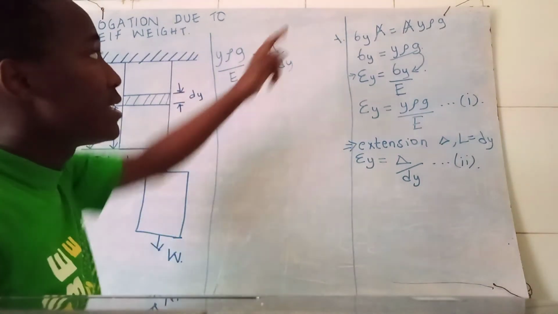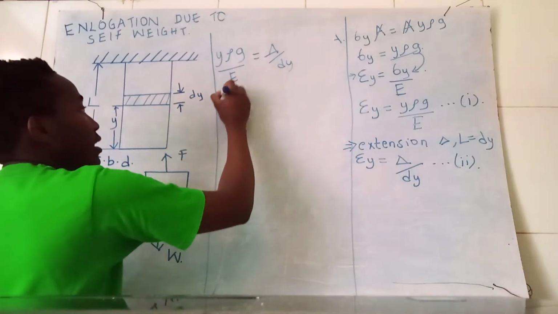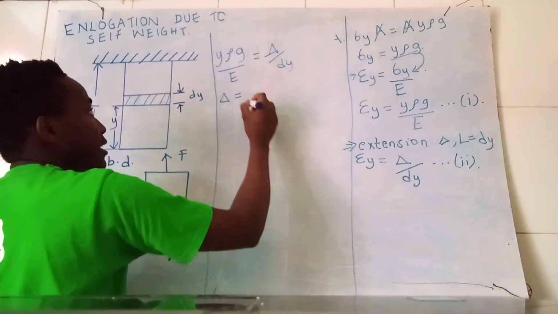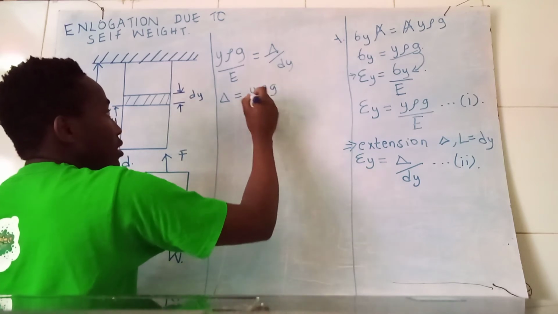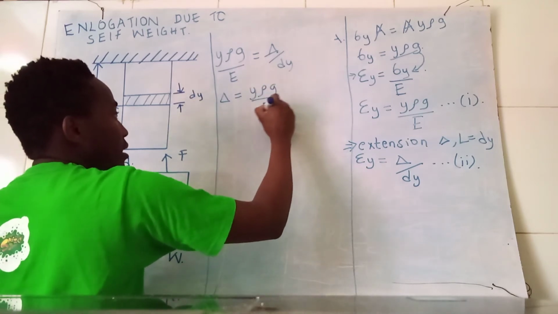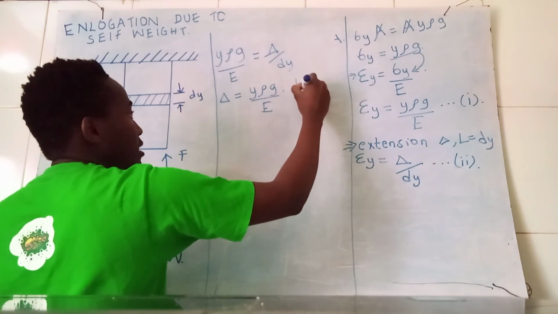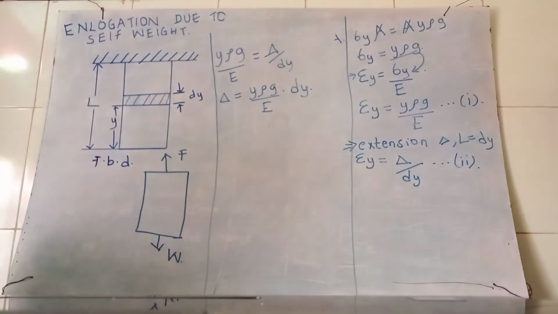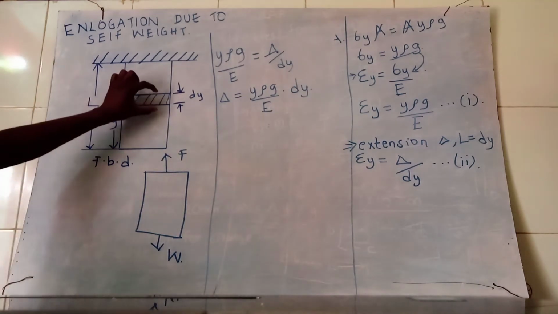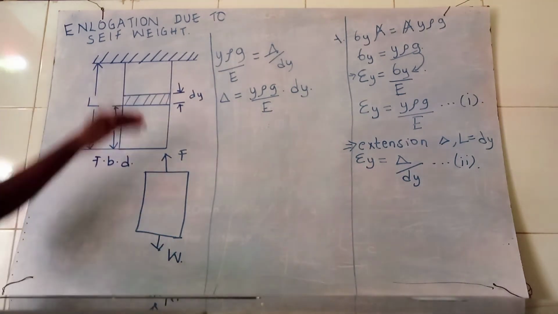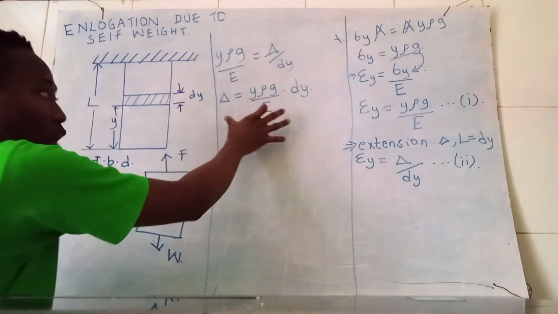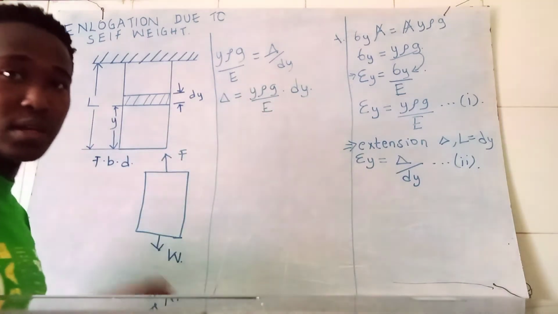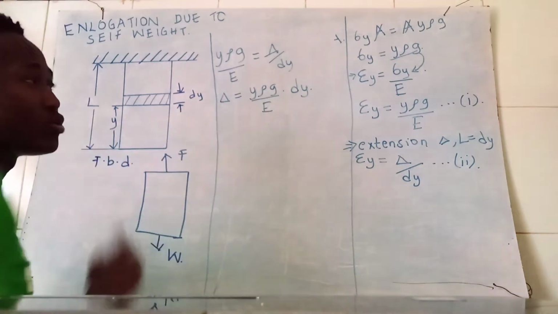So make delta the subject of my formula, and I shall have delta is equal to y rho g divided by E times dy. Now, the delta represents the extension of a small element. So to get the extension of the whole bar, I'm required to sum up the small extensions. So how am I going to sum up?